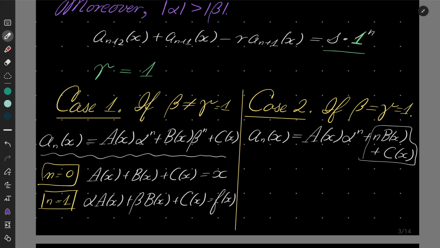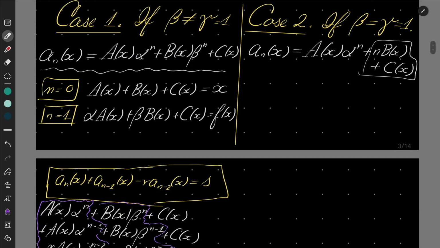This method is extremely useful, and it's paramount that you be familiar with it if you are preparing for some hard type of functional equation, because it's not the only problem where this type of reasoning appeared. Maybe I will provide in the description a suggestion for another problem where very similar reasoning leads to our goal.